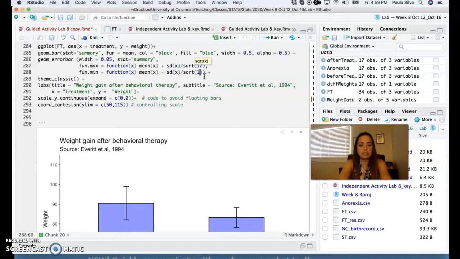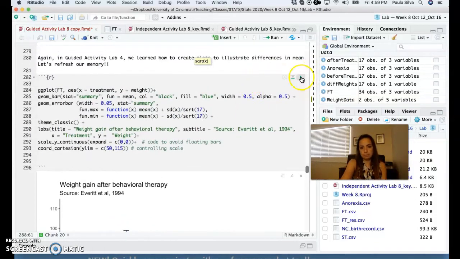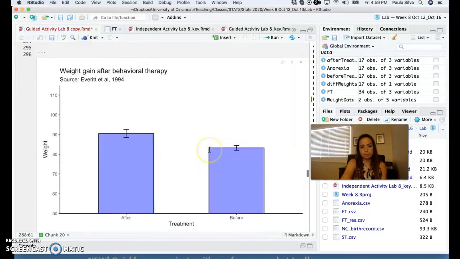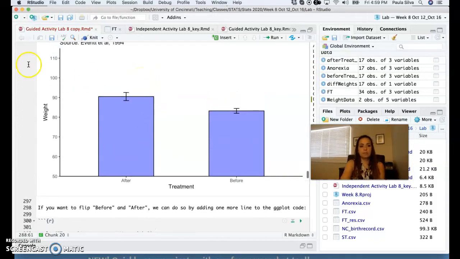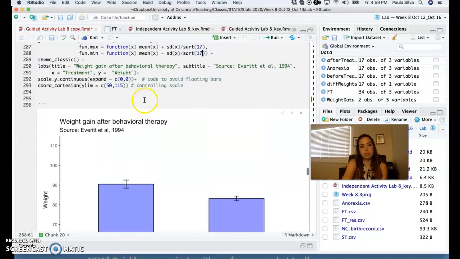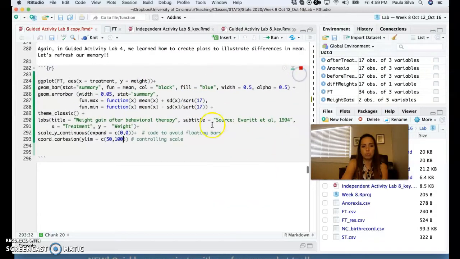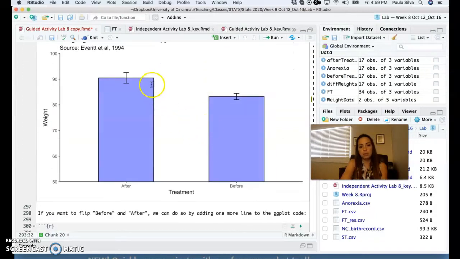Standard deviation is fine for plots. Right, so here is the difference between them. And because standard errors are smaller, we can even get away, I think, if we do 50 to 100. And we can display the difference a little bit better.